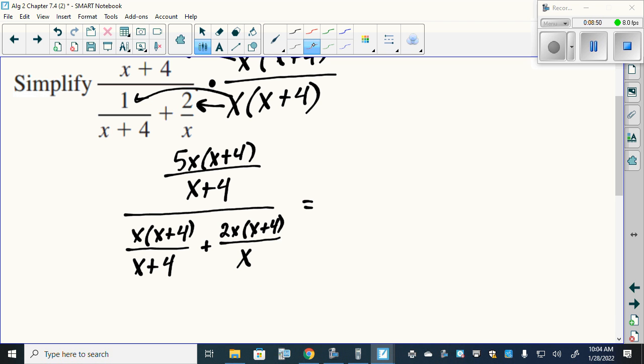So, what simplifies? Here, the x plus 4 cancels, so we get 5x. The denominator leaves us with x. Here the x cancels, which leaves us with plus 2 times x plus 4.